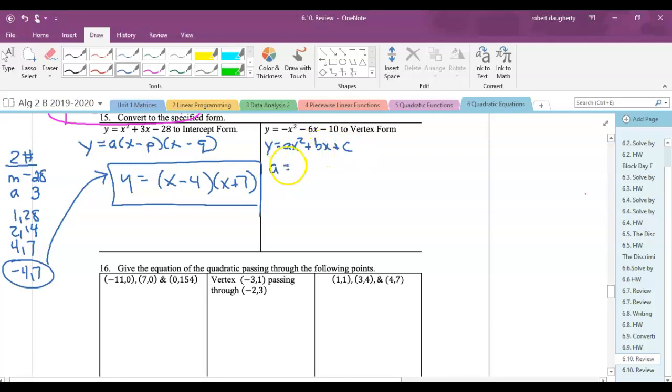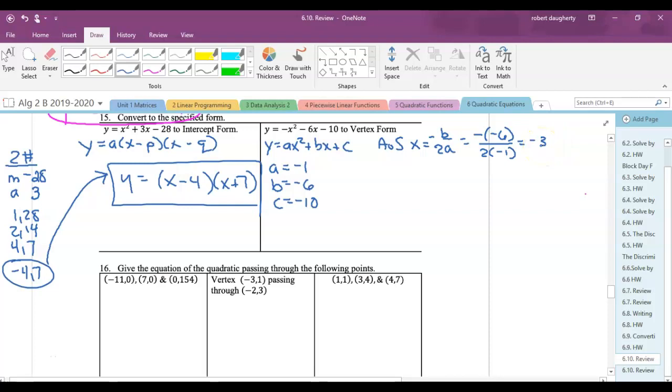So I know that a is equal to negative 1, b is equal to negative 6, c is equal to negative 10. The axis of symmetry is x equals negative b over 2a, which is negative of negative 6 over 2 times negative 1, which is negative 3.